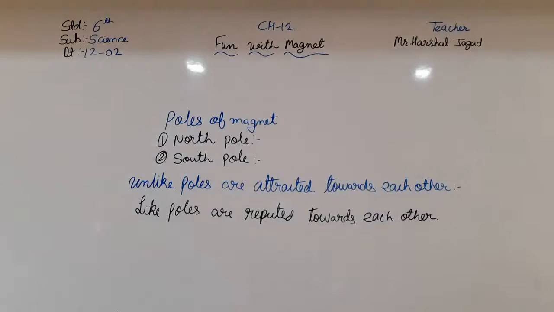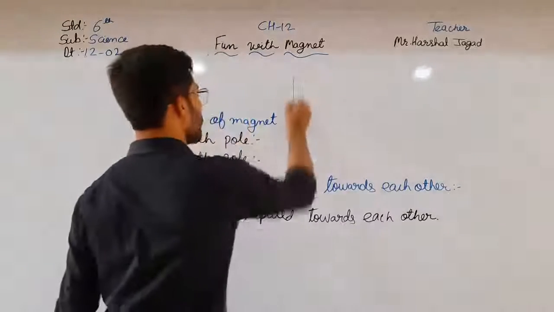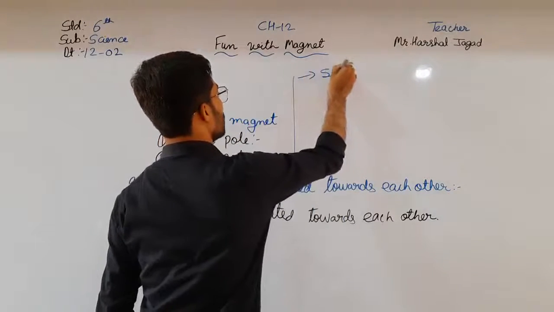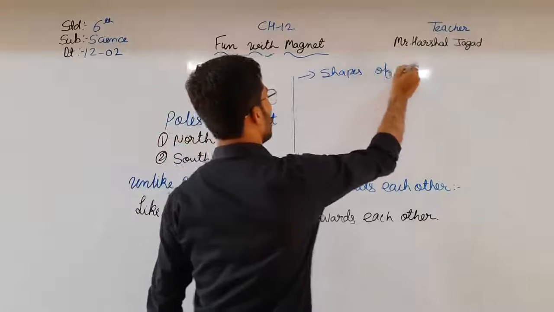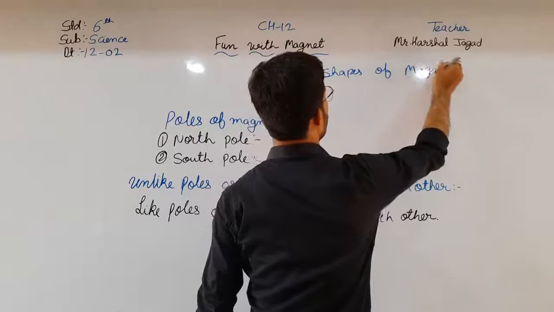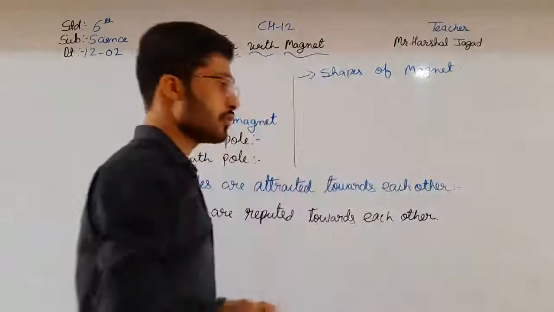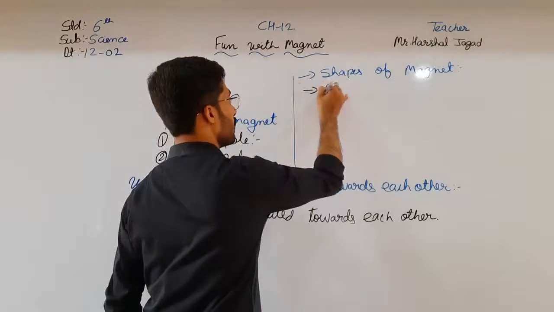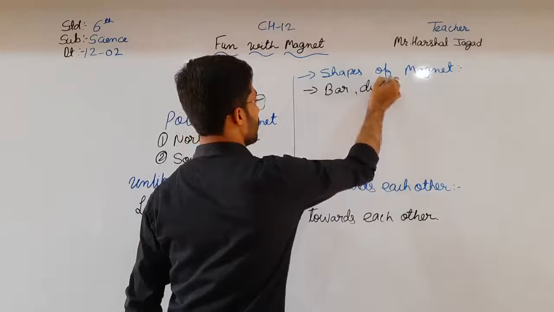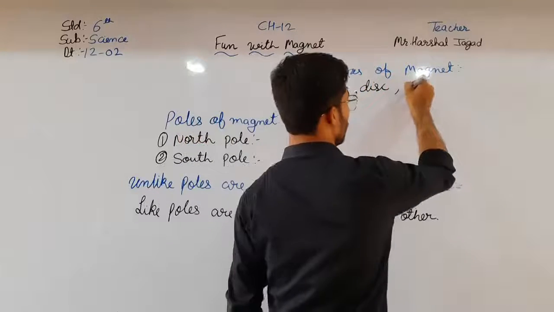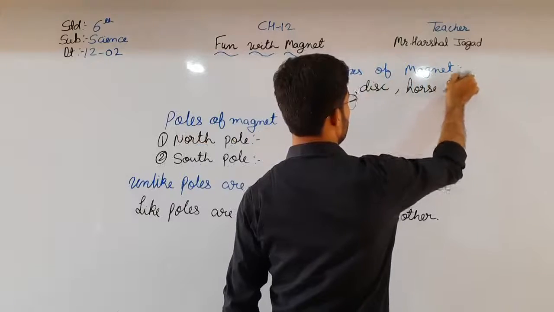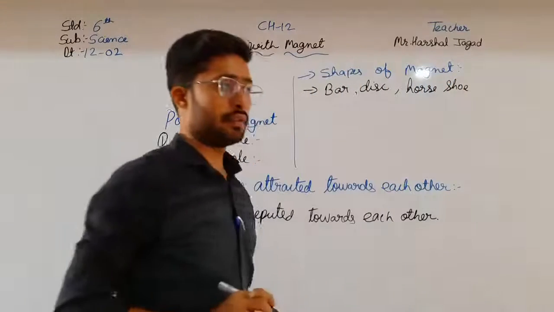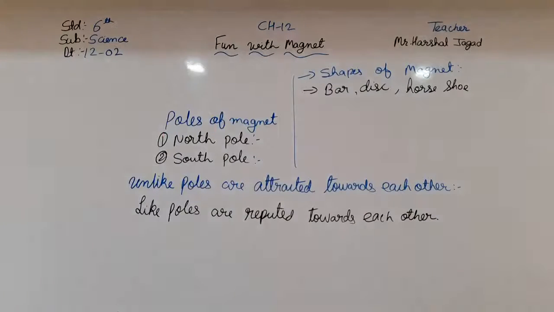And we have also seen, I forgot, the shapes of magnets. In the shapes we have seen bar, disc, horseshoe, cylindrical and ring.